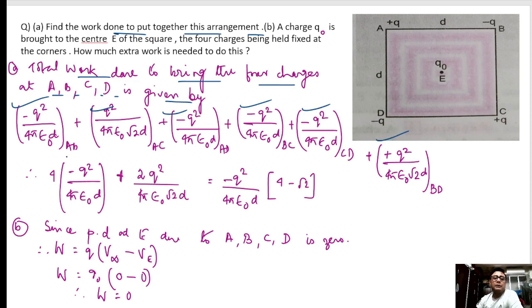The charges between A and B, the distance is D. Charges between A and C is Q, and distance is root 2D. Similarly, this is also root 2D. Okay.